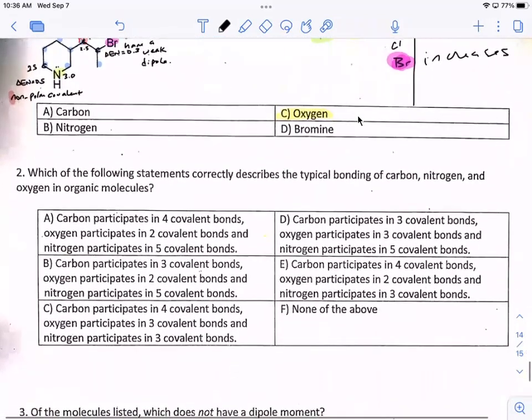It says, which of the following statements correctly describes the typical bonding of carbon, nitrogen, and oxygen in organic molecules? The first statement says carbon participates in 4 covalent bonds, oxygen in 2, and nitrogen in 5. How do we know that's wrong?